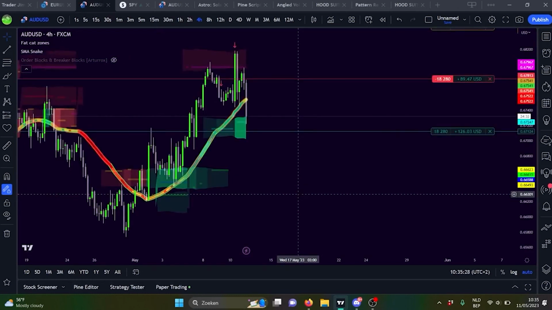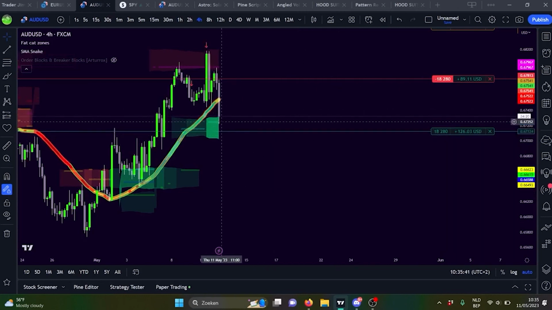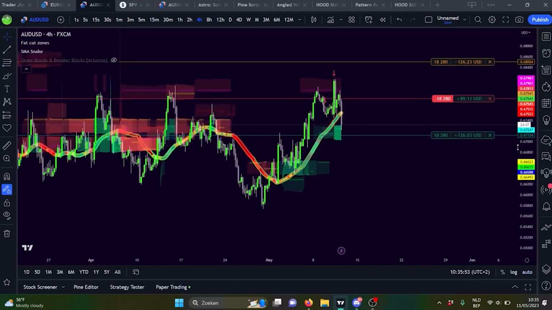Apologies. Okay, so here it's looking like we are going to get some reaction from this zone. I saw a bit earlier today that we were in 100 USD profit, and I should have closed it there, but I was waiting to record this video because this is that trade that TradingView messed up.